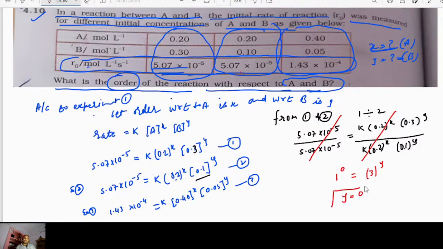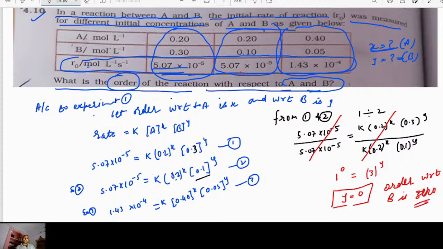So the order with respect to B is 0. One thing we got.